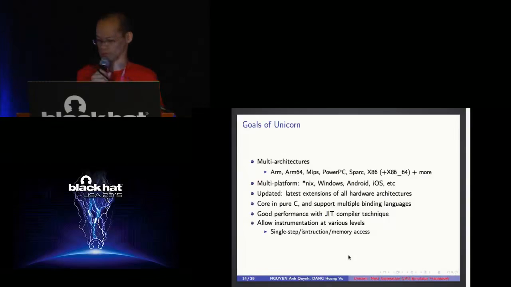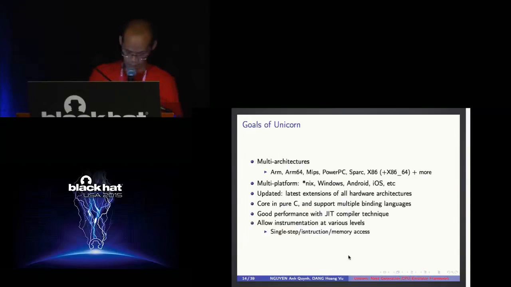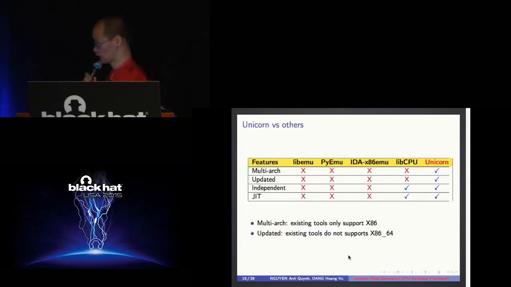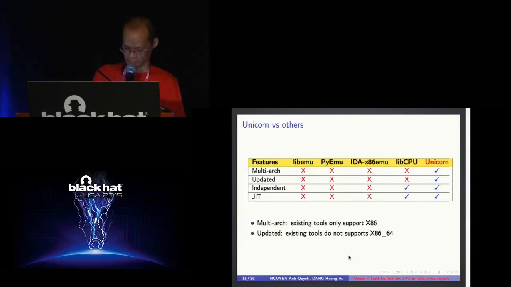So you can write your code using Unicorn in Python, in Ruby, and so on. It should have good performance using JIT compiler techniques. It allows instrumentation at various levels. Okay, so if we do that, we realize our dream to have a very good emulator that checks all those things that we think are important: multiple architectures, updated, independent, and fast.